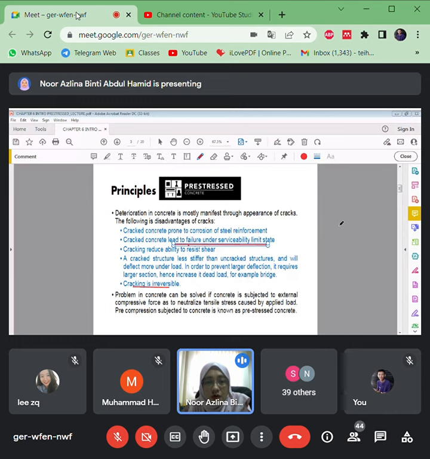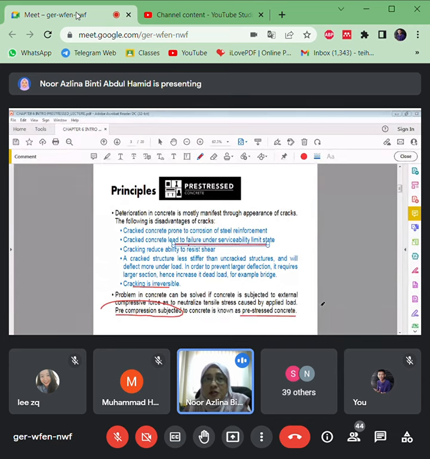So to solve the problems of these cracks, deflections or deformations, even though we already provide the reinforcements, the technology introduced pre-stress. That means we apply pre-compression to the concrete before it begins its working life. Pre-stress can be understood as applying pre-compression.